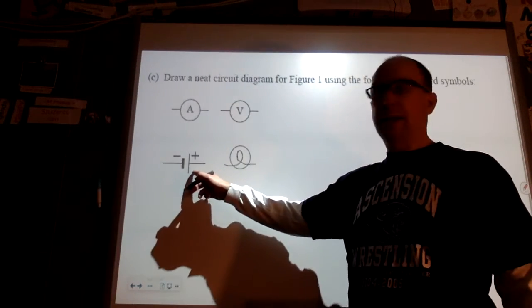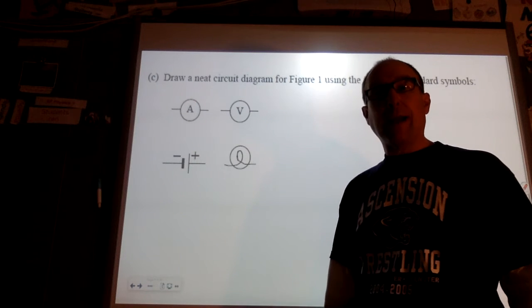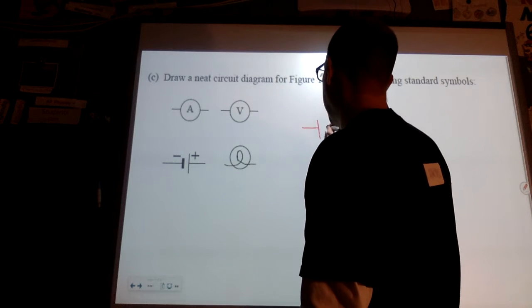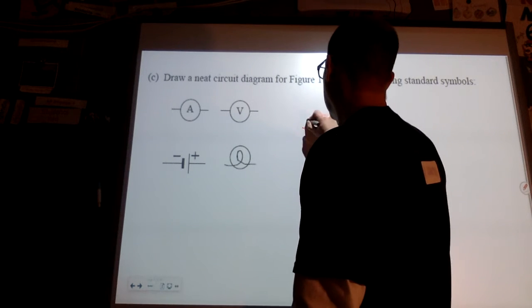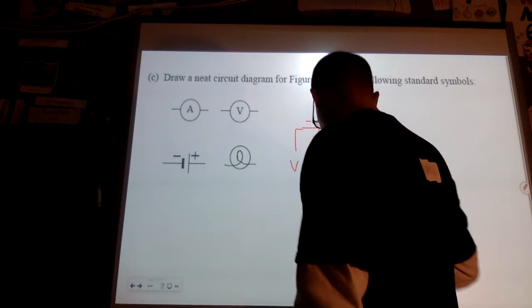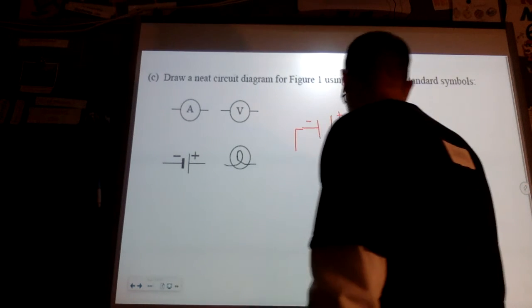All right, so to draw this, now I can consider this to be 2 batteries, or I can put them end to end and make them 2 batteries. And we're saying that we have the positive and the negative. The negative went to the ammeter in our picture.